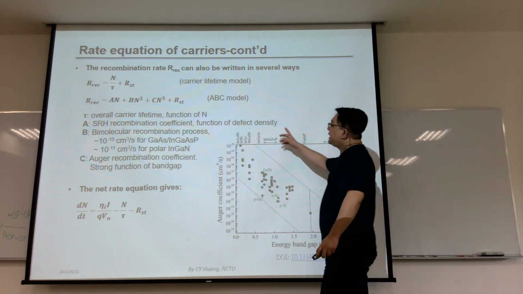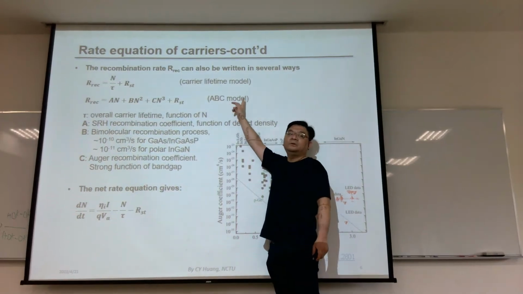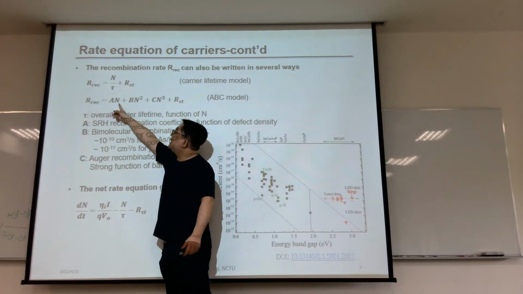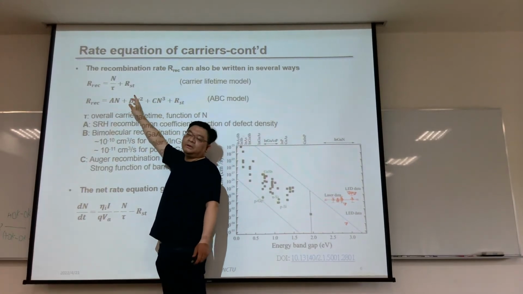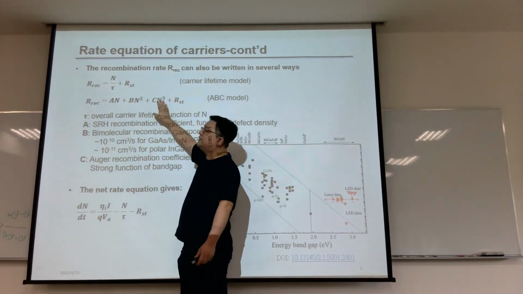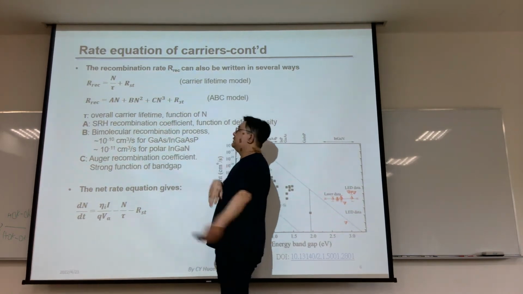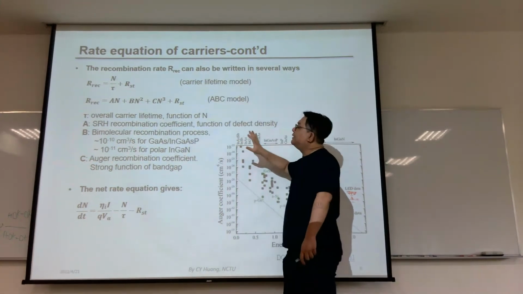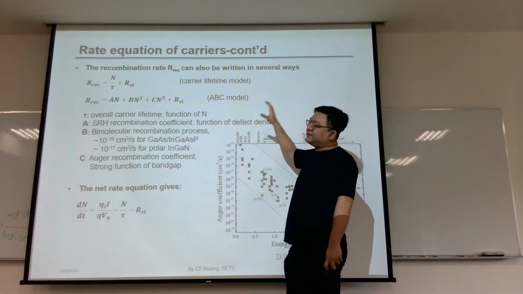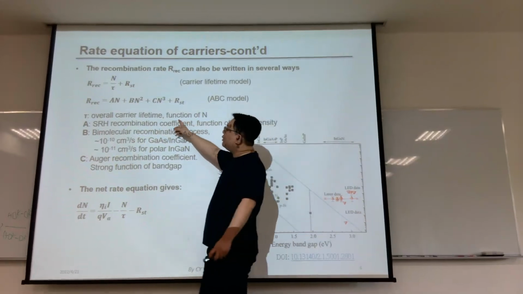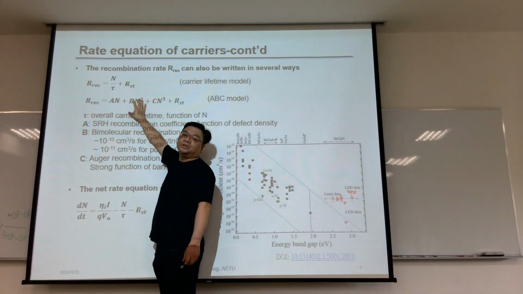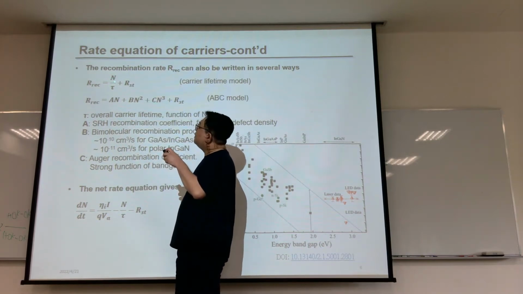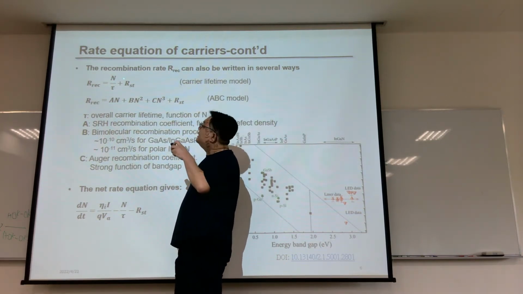If we take the ABC model, that means we need to decouple the Shockley-Read-Hall recombination, spontaneous emission, and Auger into separate terms. Then we can write it down like the second line. But for the laser diode, because we usually don't differentiate that much, we use a simpler expression: n divided by tau.